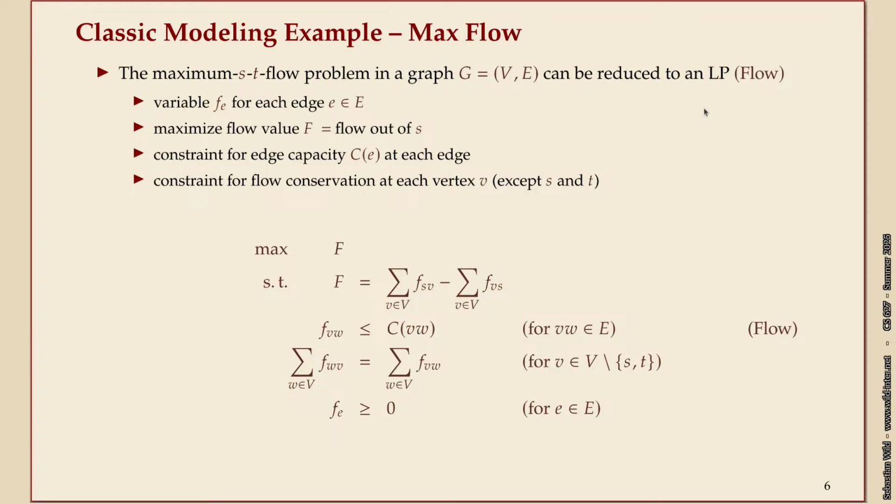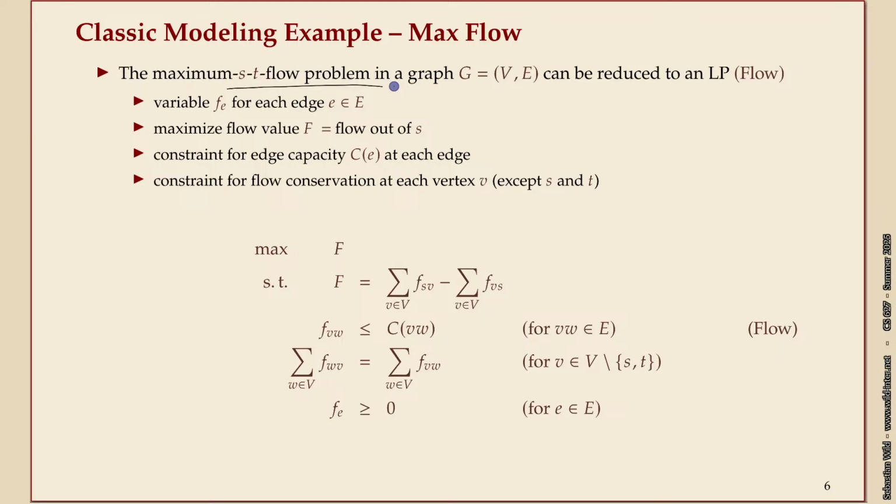Let's see one more algorithmic example of what we can use LPs for. And this is maybe the oldest thing modeled as an LP. It's the max flow problem in graphs.